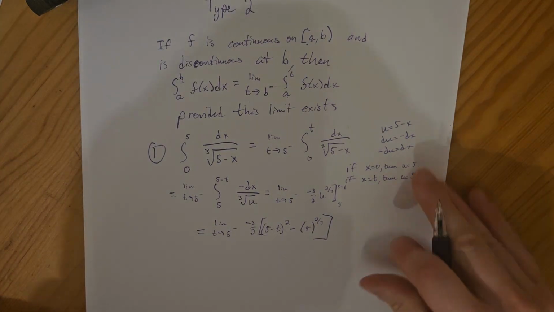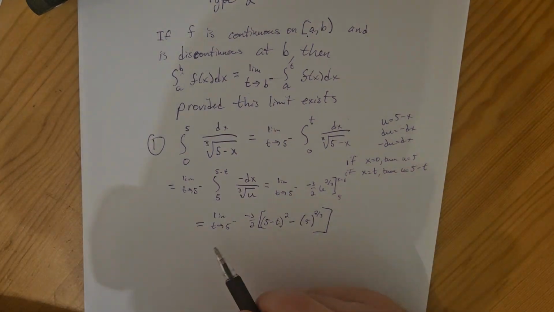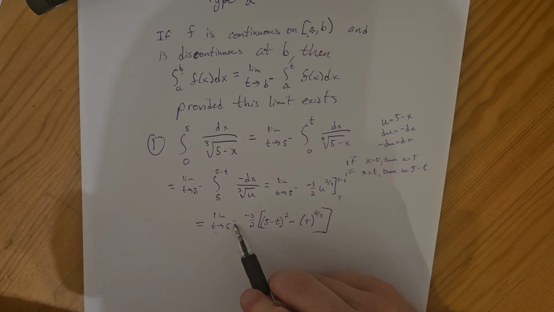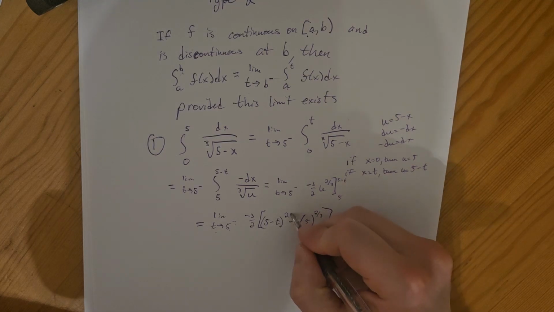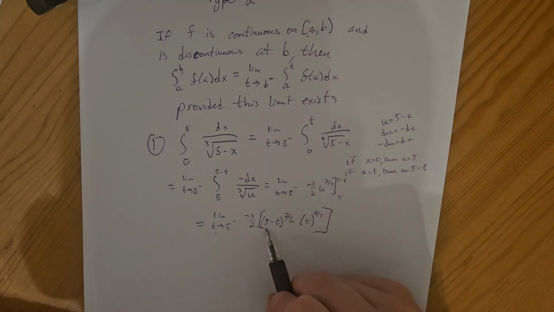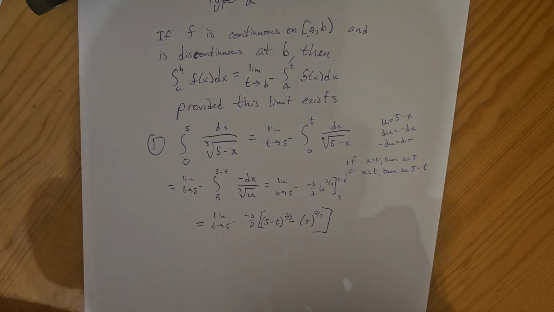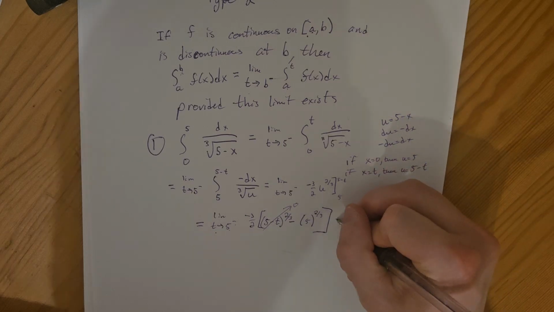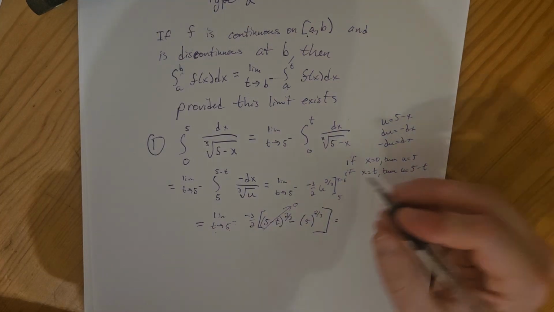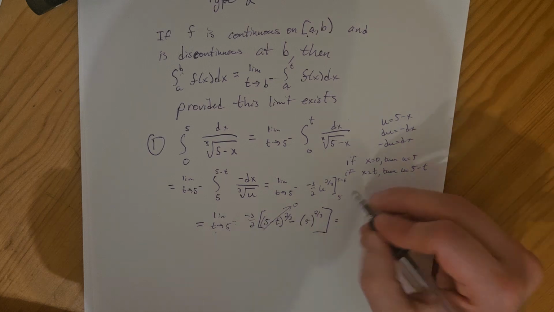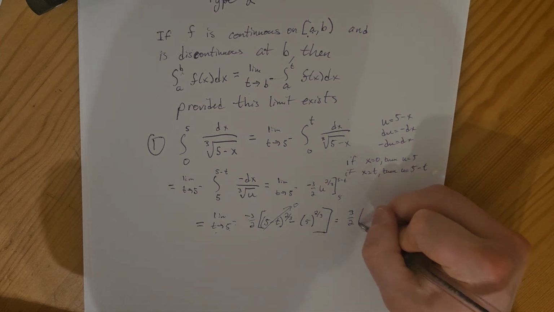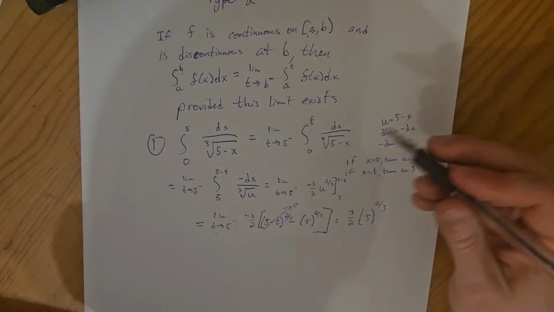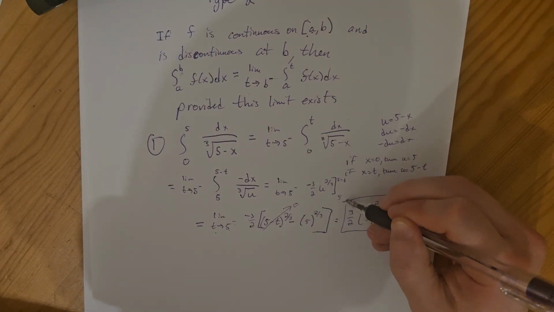All right. And from there, limit as t goes to 5 on the left. 5 minus 5, essentially, so that goes to 0. And then we get negative times negative, positive 3/2, 5 to the 2/3. And that is our final answer.